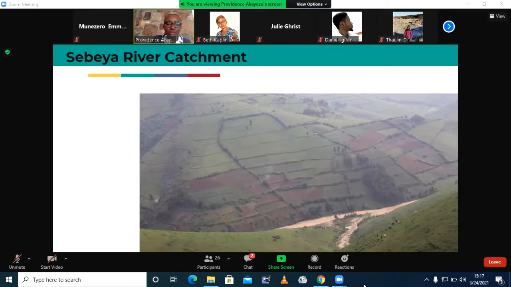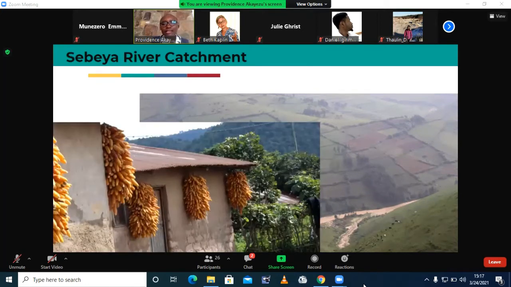What you will also notice is that the main land use is agriculture, which occupies around 62% of the total catchment area. The production is fairly good, including maize, Irish potatoes, and beans, common crops grown in the catchment. You also see some pastoral lands, in areas which were the former Gishwati National Park.